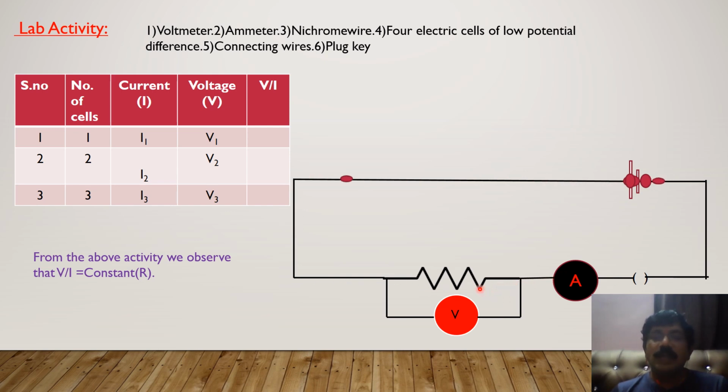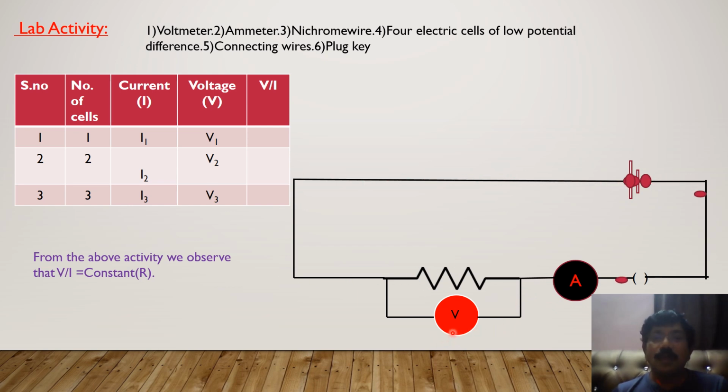This is the resistance, the nichrome wire, which is connected in series with the ammeter and battery. Observe this carefully: the voltmeter is connected in parallel with the resistance. So you have to remember, in a circuit the ammeter is always connected in series, whereas the voltmeter is always connected in parallel.